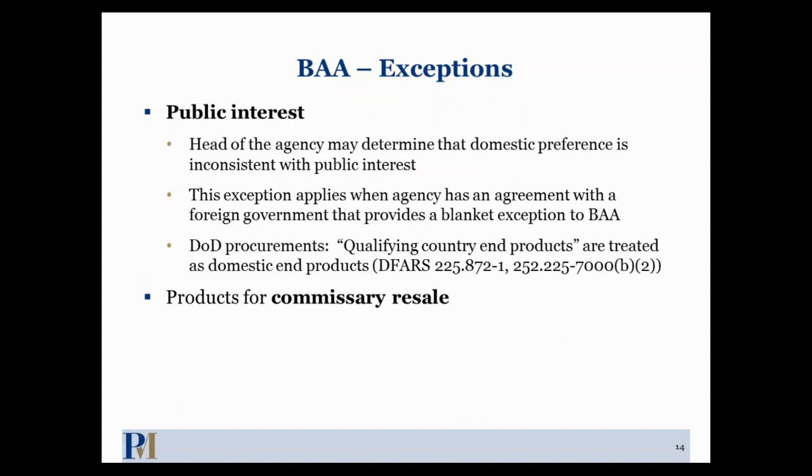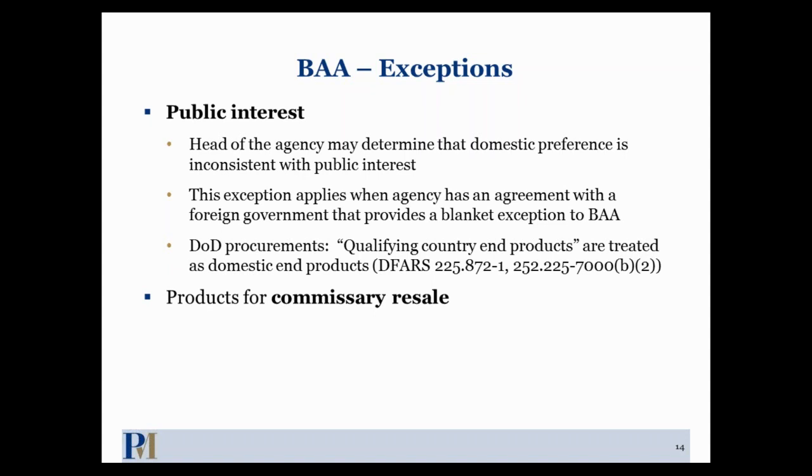There's also an exception called the public interest exception, where this can be a determination made by the head of the agency. It can also be determined when there's an agreement with a foreign government that provides for this.